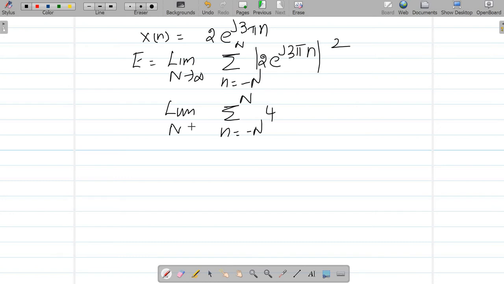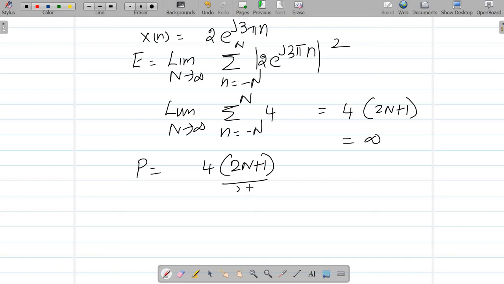Limit N tending to infinity, I can write as 4 times 2N plus 1, and if I apply the limit, this will become infinity. But to check if it is a power signal, I take the result of the energy, divide it by 2N plus 1, and then apply the limit. When I do it, this becomes 4. So this is a power signal.